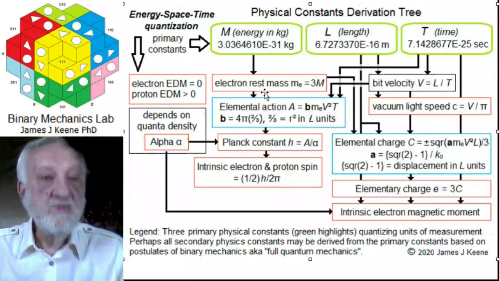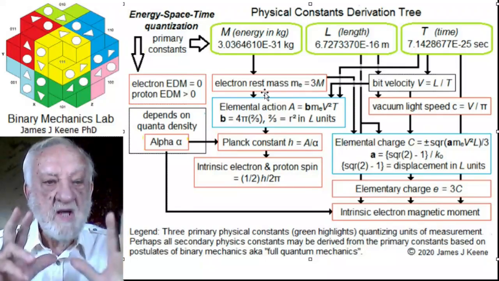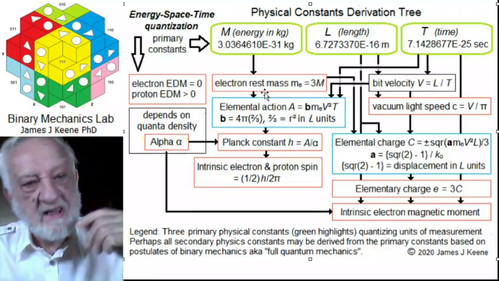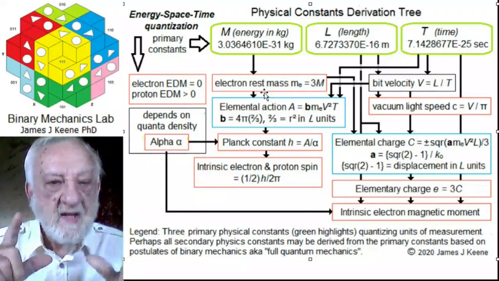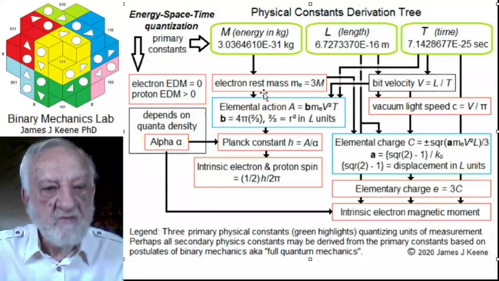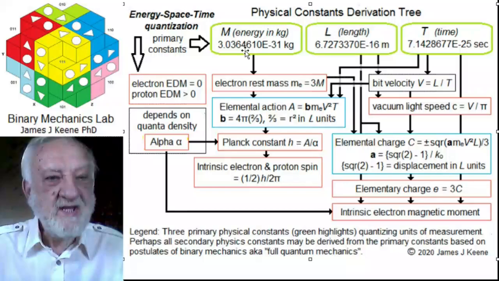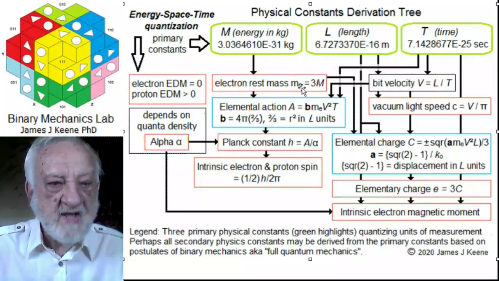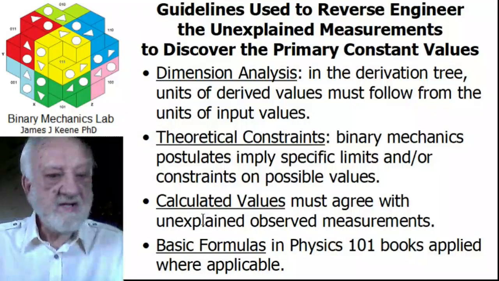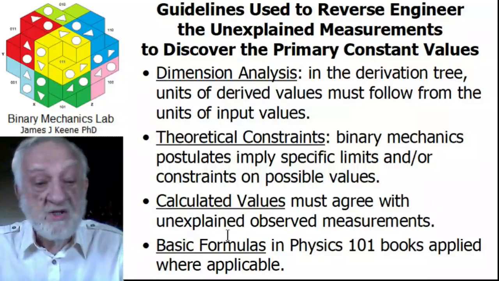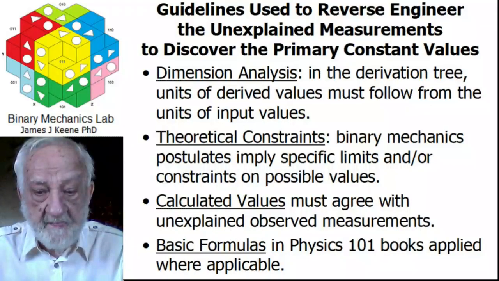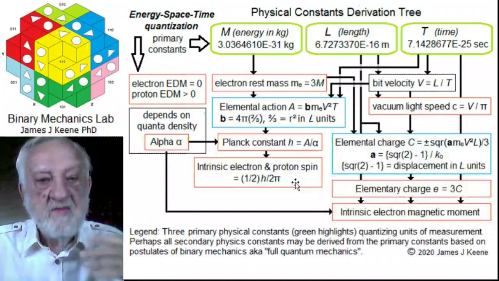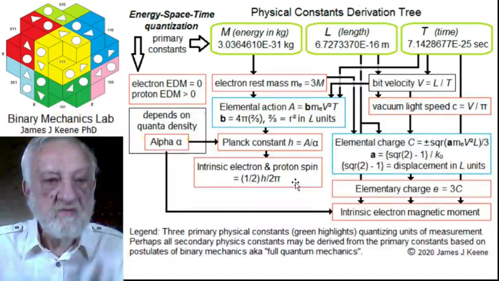Another theoretical constraint is that the spatial model of the spot cube lattice of space shows that the electron contains 3 M-type quanta. And so, to be consistent, the energy constant here must be 1/3 of the rest mass of the electron. Another guideline is that calculated values must agree with unexplained observed measurements. For each of these items in the red boxes here, there are published, measured, observed values.